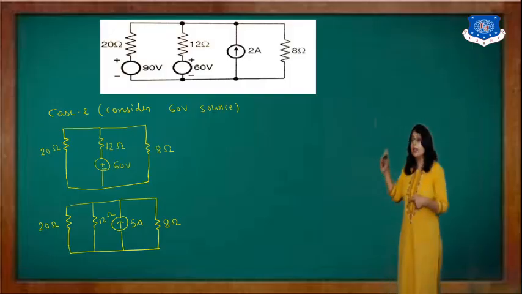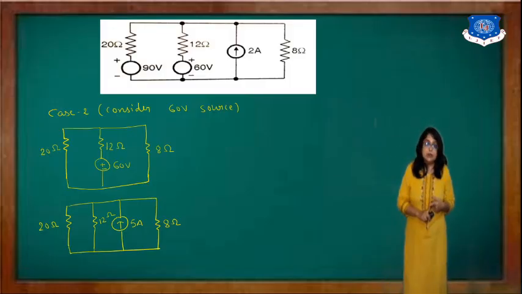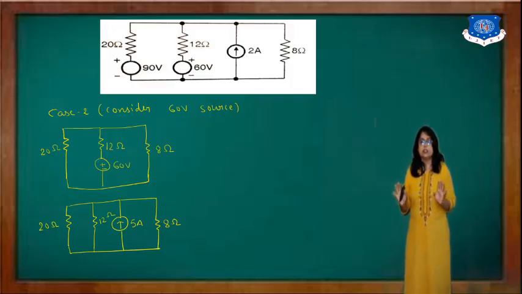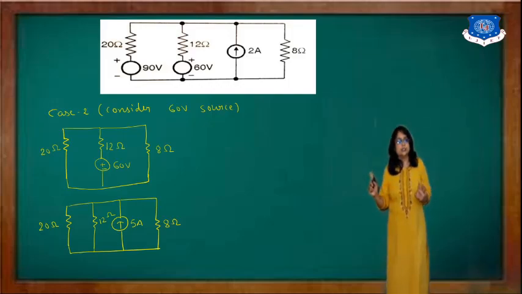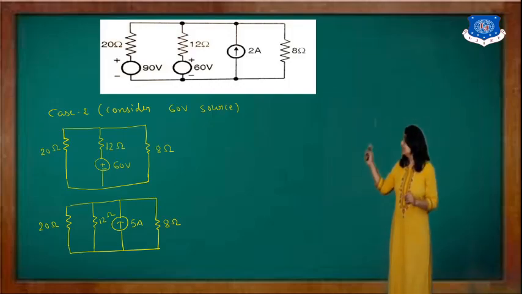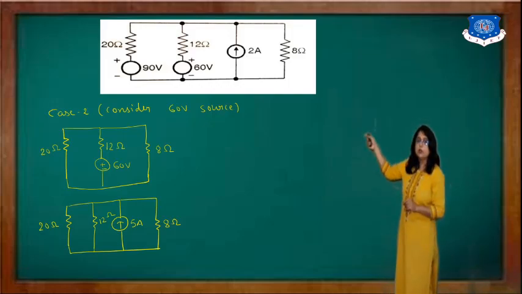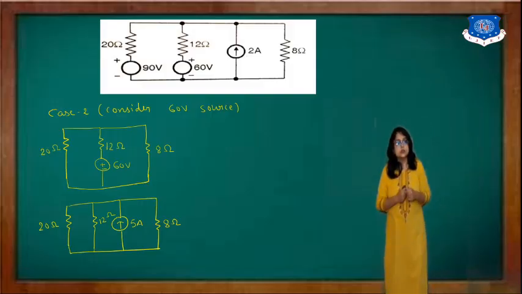That's why I do not take that 20 ohm resistor in any series-parallel combination. I want that resistance as it is. So I just convert the 60 volt and 12 ohm into a current source.